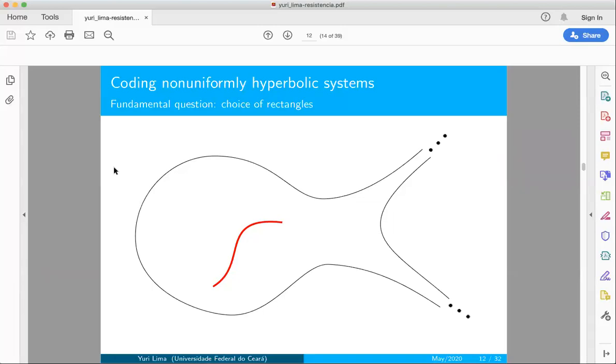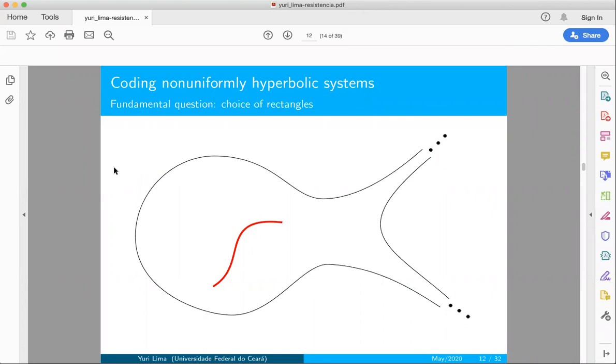So whenever you have this kind of phase space, which lives outside this curve, in which some bad behavior occurs because you have explosion of derivative, and you also have some bad behavior because the phase space can be very small in some sense, there are 2 main issues in order to do the coding. The first one is with respect to the geometry of the phase space that you are working with.